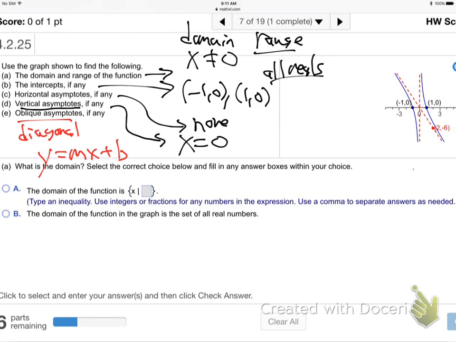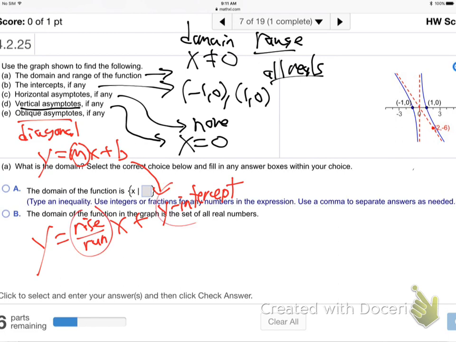What is m? Slope. That's rise over run times x plus b. And what is b? The y-intercept, where it hits the y-axis. You with me? Remember what the m is and what the b is in the y equals mx plus b equation of a line?